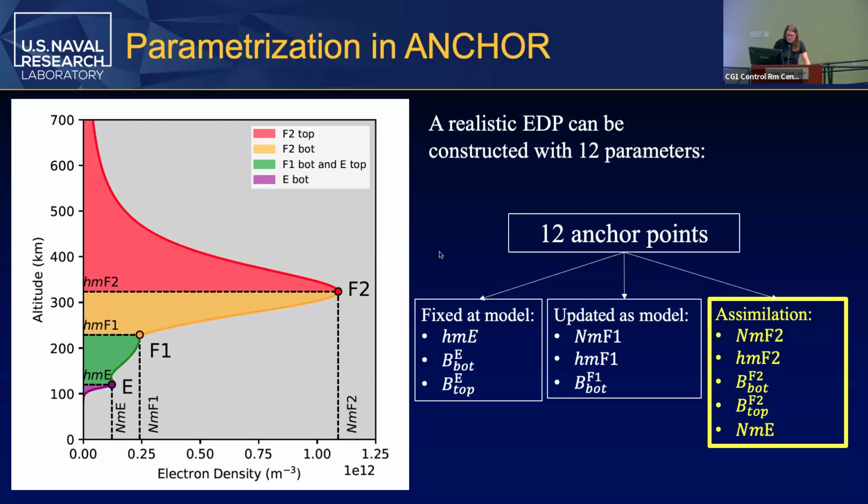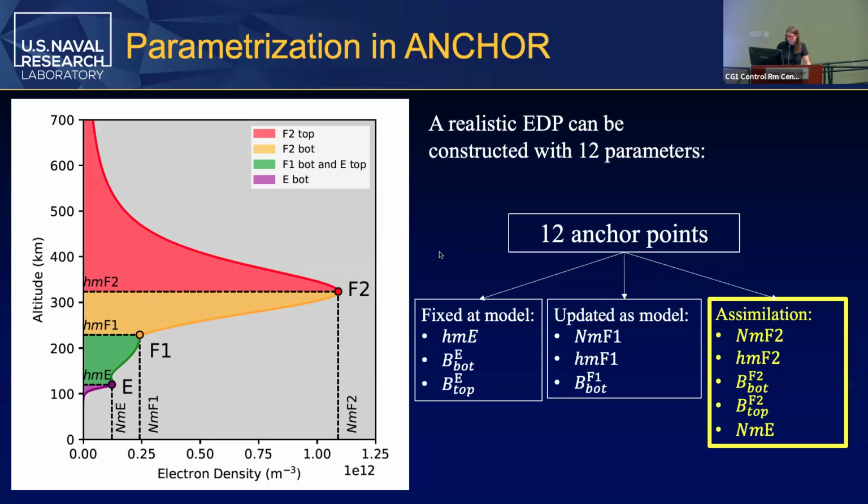We have 3 numbers that describe the electron density in F2 region, F1 region, and E region. Then we need 3 numbers for the height of those layers, HMF2, HMF1, and HME. Plus, we need 2 numbers to describe the thickness of the F2 layer, thickness of the top side, thickness of the bottom side, and so on.